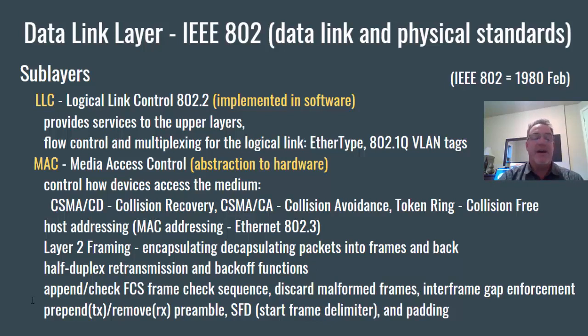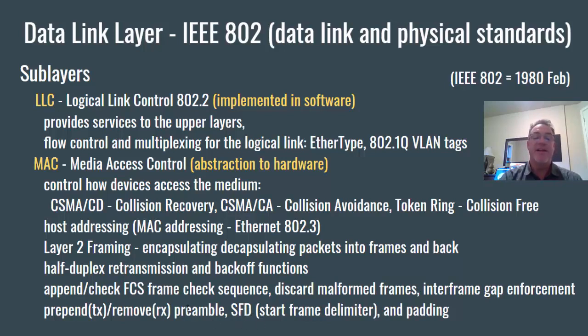It can append and check the frame check sequence, or FCS, discard malformed frames, and enforce the interframe gaps in between frames. So it deals with error checking on the frames. It's also responsible, the media access control sublayer, for prepending, for transmitting, and removing, for receiving, the preamble or start frame delimiter from the frame, letting you know that there's an Ethernet frame coming on the wire.